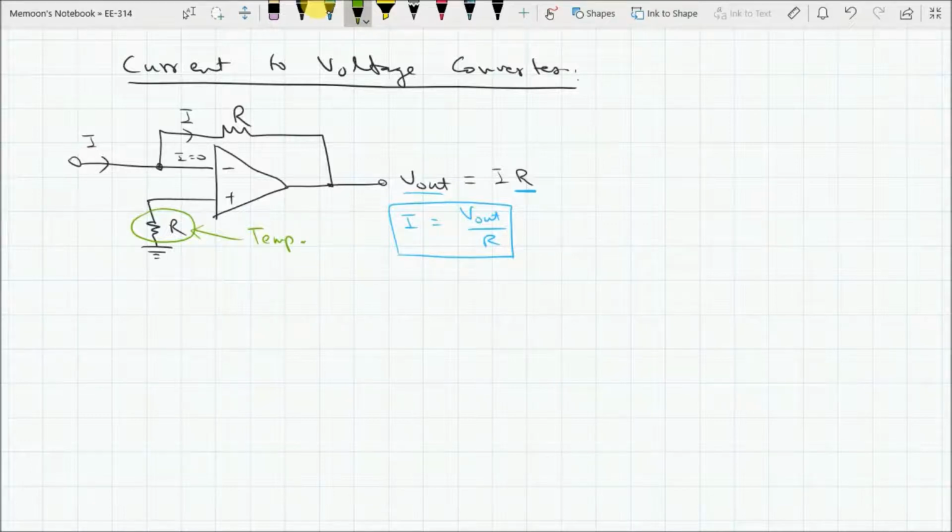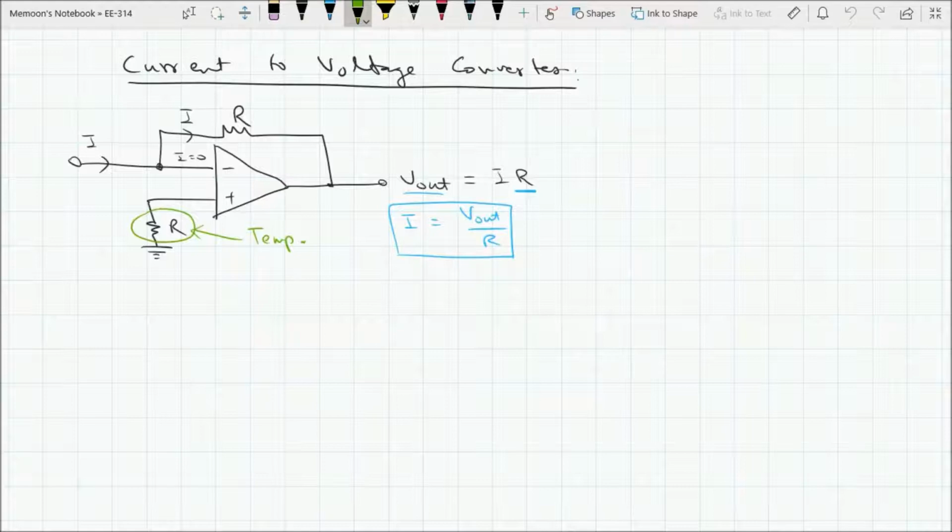What if you don't connect this R to the ground? You just ground it directly, you just short circuit it. It will not affect anything, but if the temperature varies in your surroundings, there can be errors in your output reading.